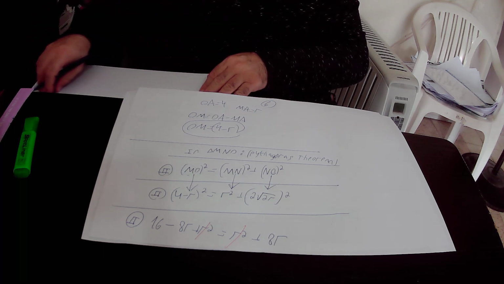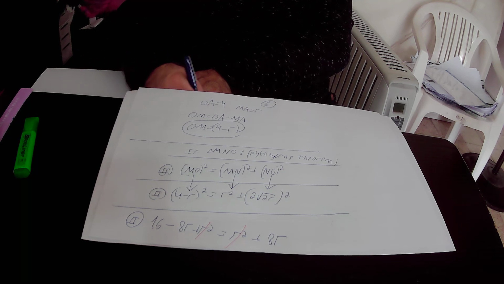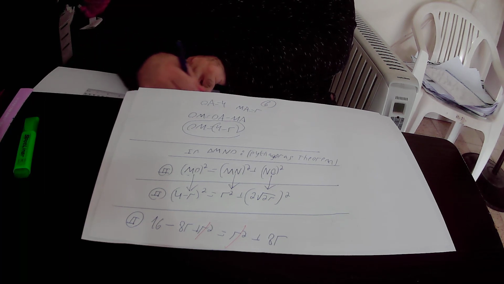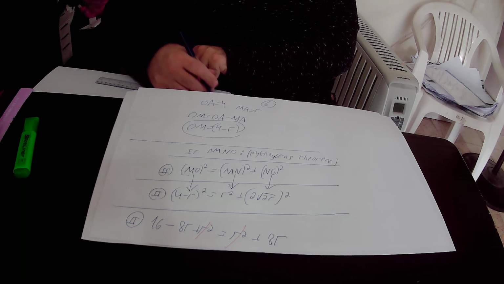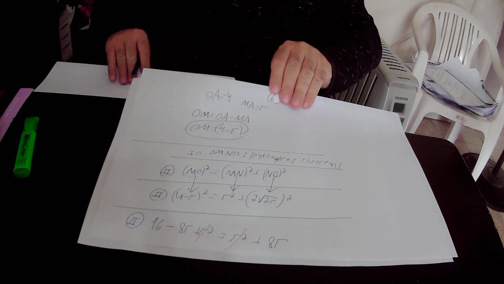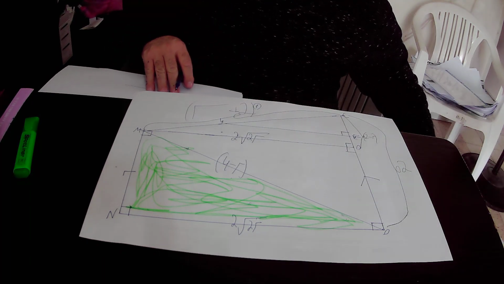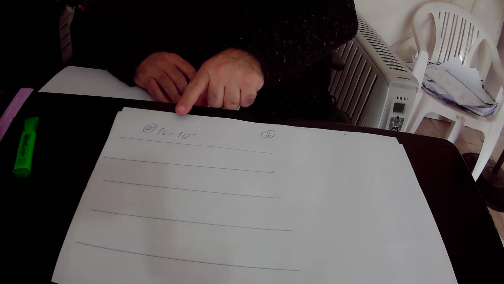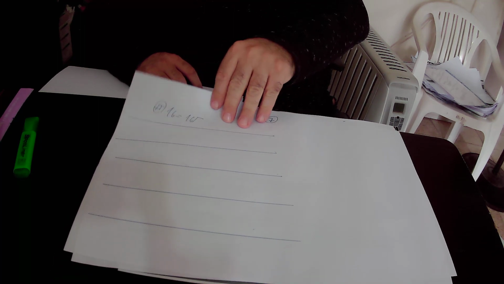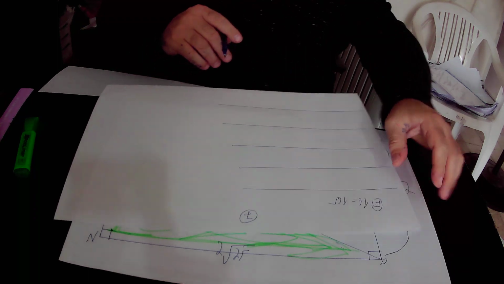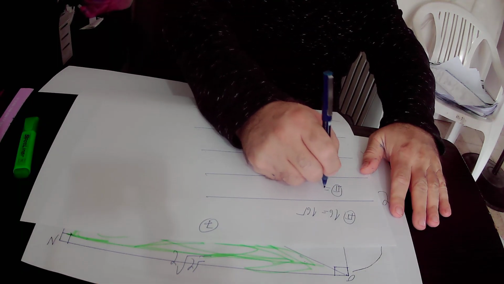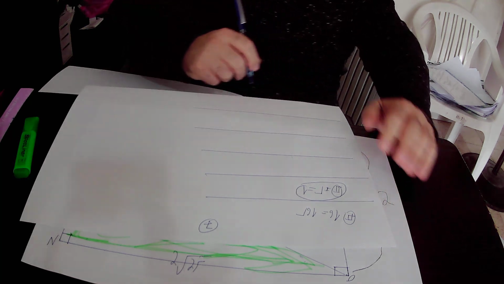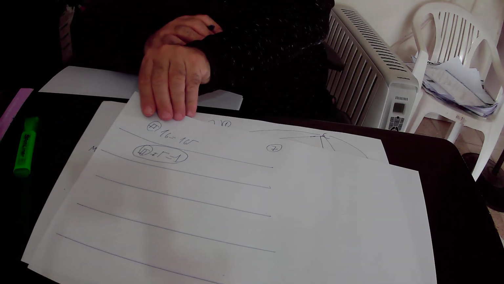So we actually got that 16 equals 16R. Here we will divide this equation by 16, and we will get that R, the radius of the small circle, according to equation number 2, equals 1 unit.